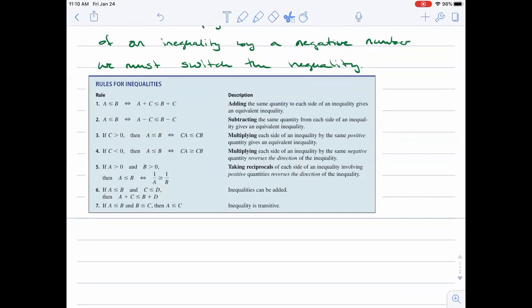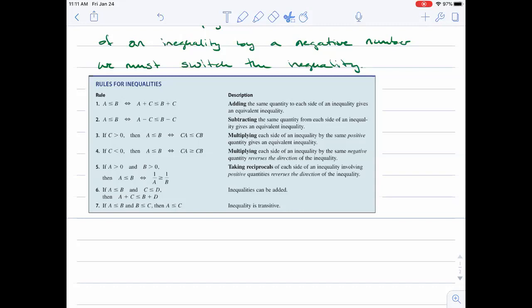I don't know if the lights, it's so glary here. Is that better or worse? Better, right? It's just so bright here.